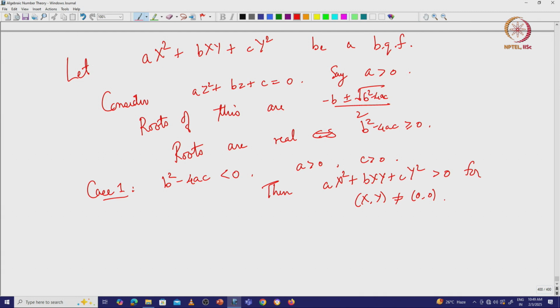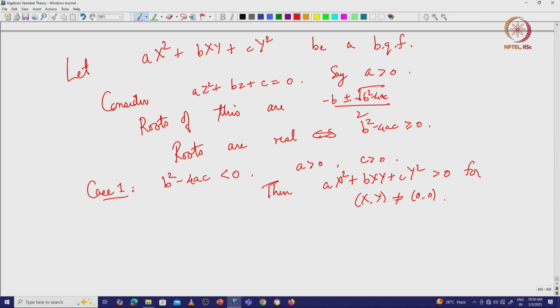Because this is the same as asking when az squared plus bz plus c is bigger than 0 for a non-zero integer z, or the other way around, a plus bz plus cz squared is bigger than 0. And because we have no real roots, this thing will always be above the 0 line, so this is always positive.